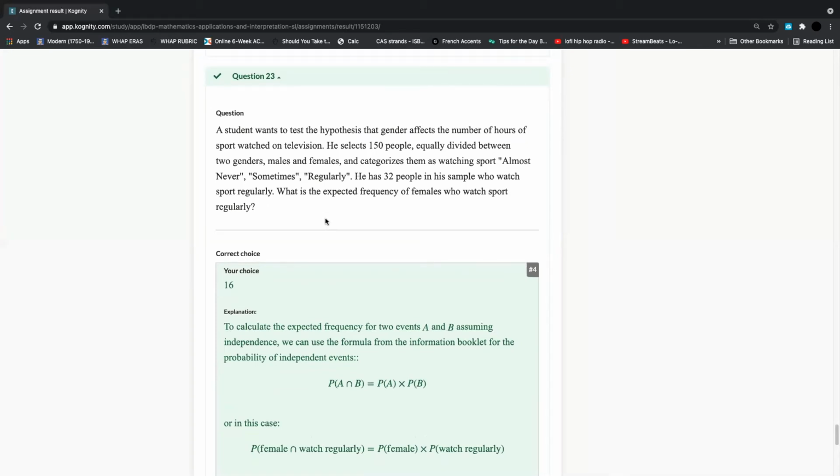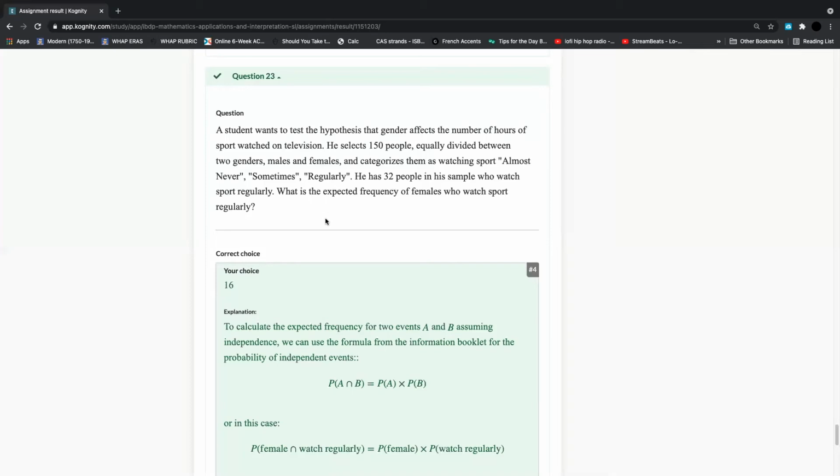Then he has 32 people in the sample who watch sport regularly, so the next value, in parentheses, is 32 divided by your total, which is 150.